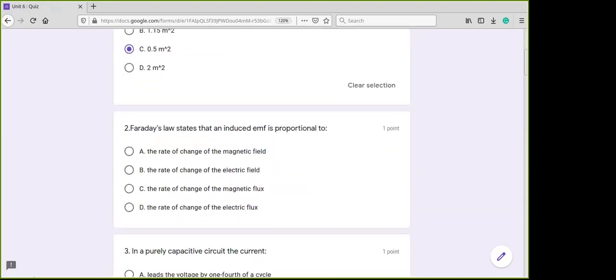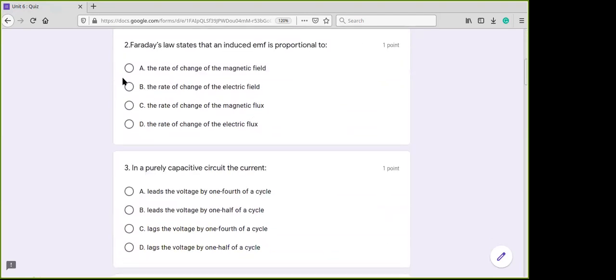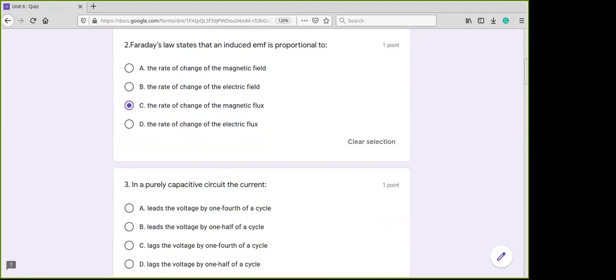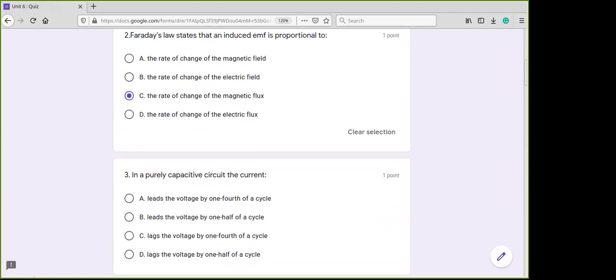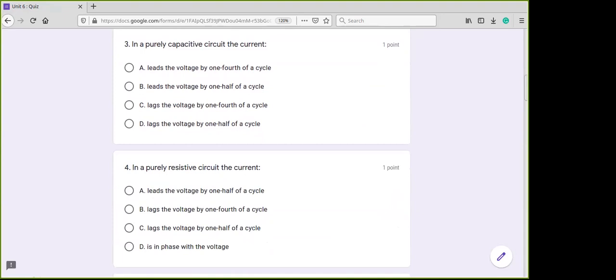So the first one is 0.5, yes? Yes. Good. The second one: Faraday's law states that the induced EMF is proportional to the rate of change of magnetic flux. Therefore, the correct answer is option C. What about question number 3?